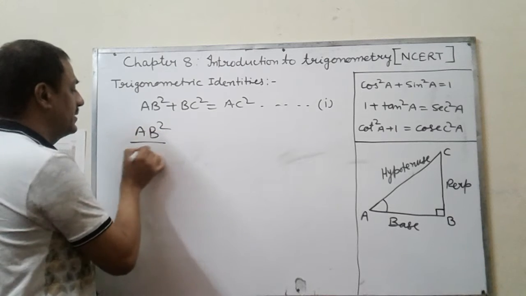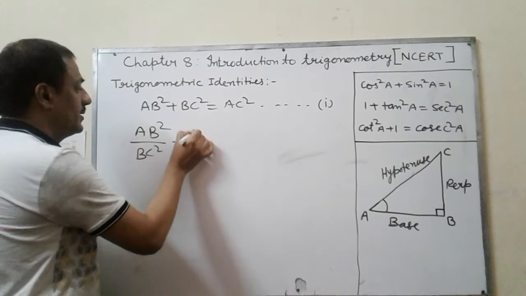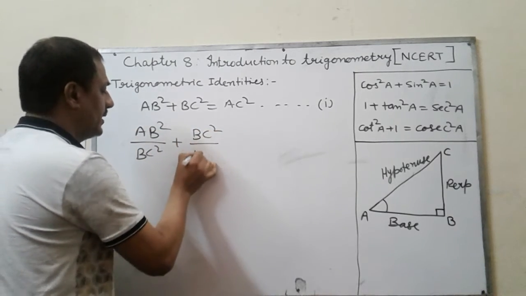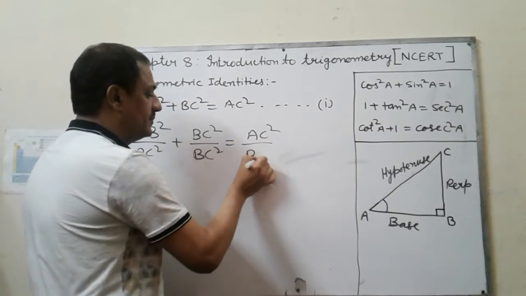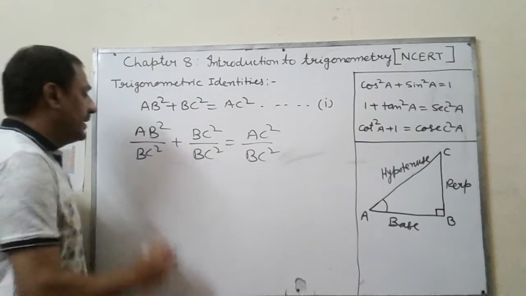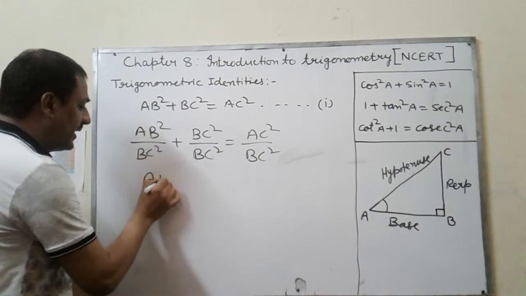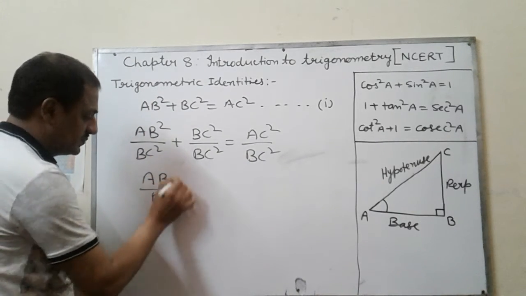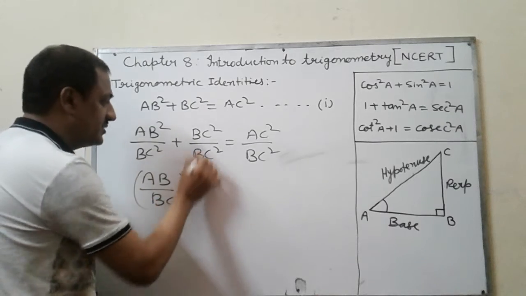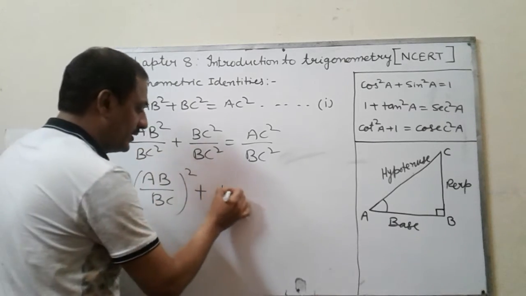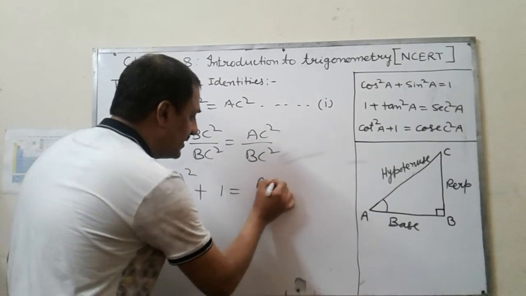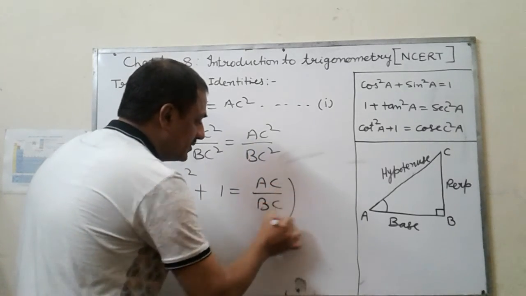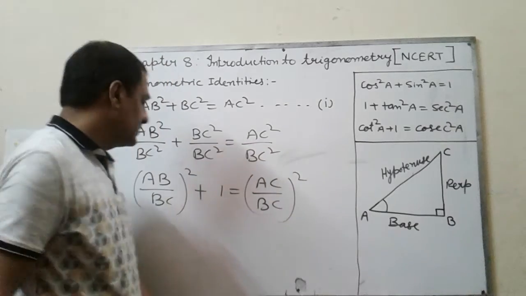AB square upon BC square plus BC square upon BC square equal to AC square upon BC square. AB square upon BC square can be written as AB upon BC whole square plus BC square upon BC square equal to 1, and AC square upon BC square can be written as AC upon BC whole square.